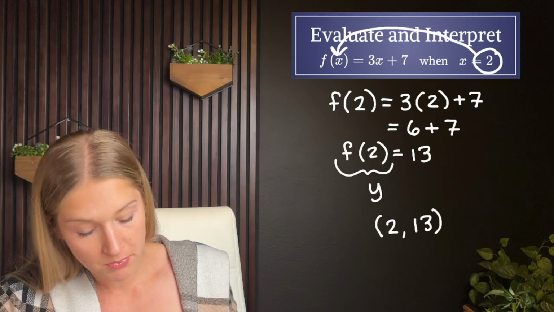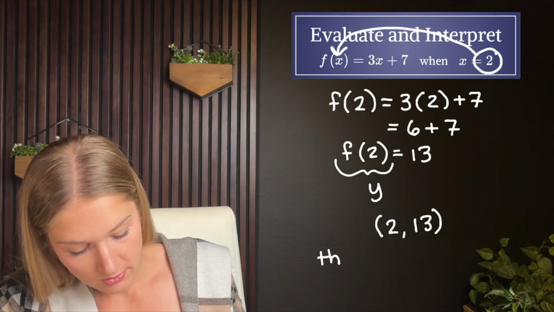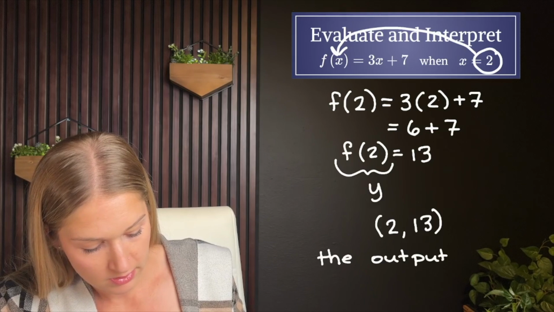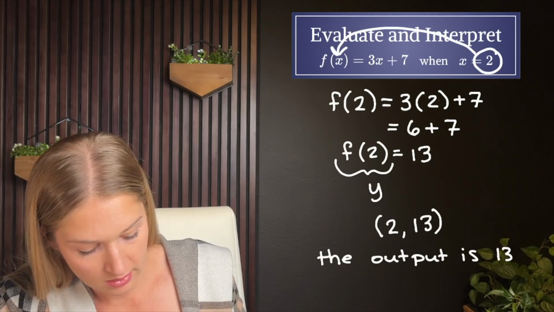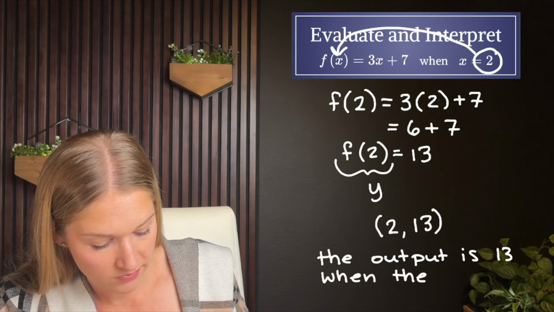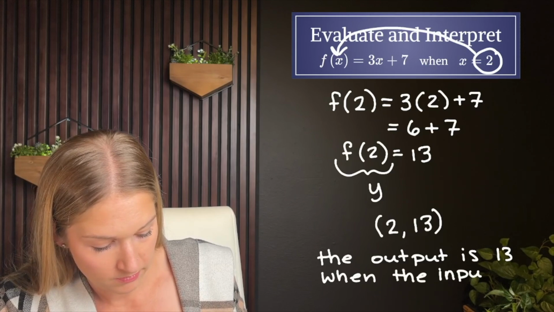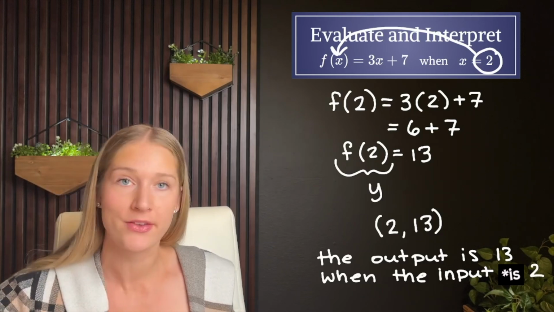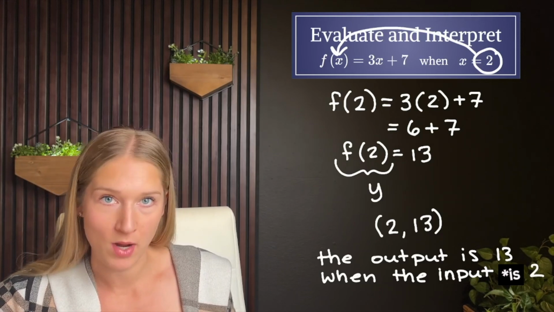To interpret, I could say the output, or the y value, is 13 when the input, or the x value, is 2. So basically, you put in a 2 and you get out a 13. x is 2, y is 13.